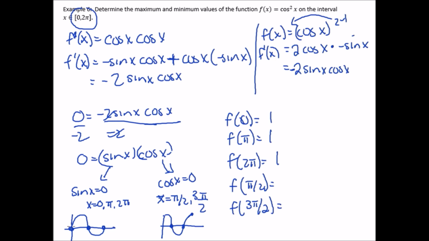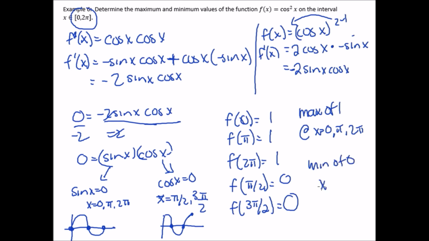Okay, pi by 2 for cos is 0 and then 0. Okay, so we're going to have a max of 1 at x equals 0, pi, and 2 pi. And we're going to have a minimum of 0 at x equals pi by 2 and 3 pi by 2.